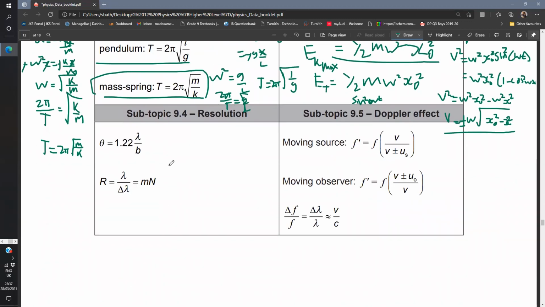Okay, this brings us on to the concept of resolution. So theta over d, of course, this is in rad. Slit separation or the distance of the slits. I can draw it here.